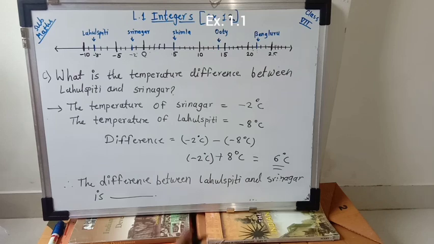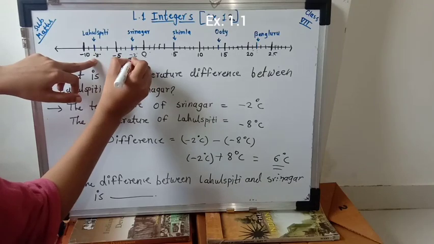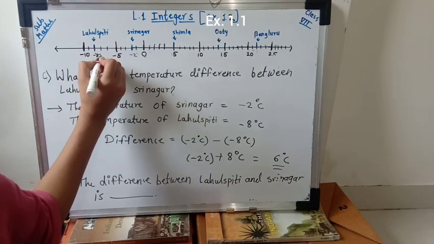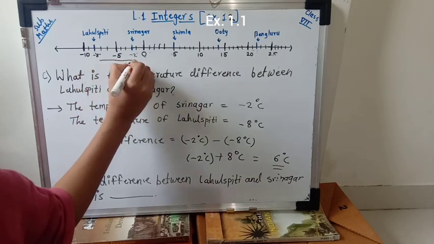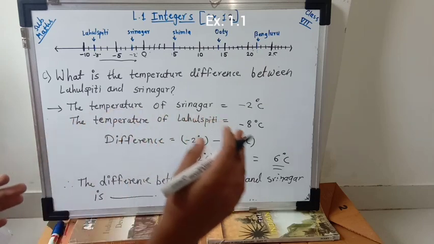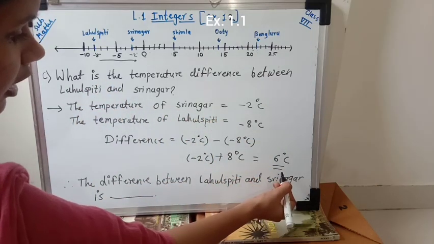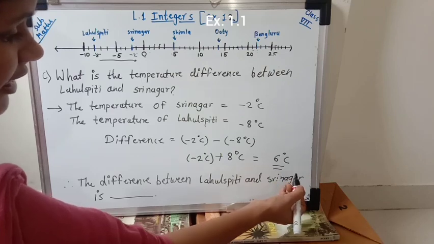So that's why here 6 degree Celsius is the positive temperature. Why? If you move from minus 8 degree to minus 2 degree, we are moving from left to right, and we know when we are moving left to right, the value increases. So that's why we got the answer, that is 6 degrees Celsius.